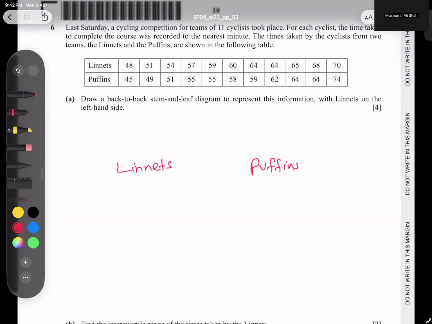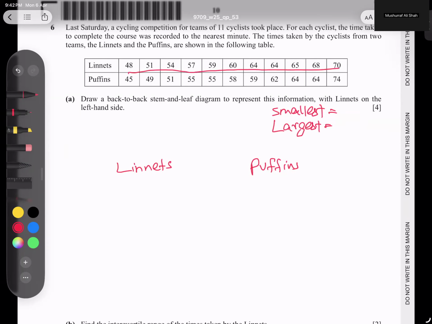All right, so what is the best way to do this kind of question? We need the smallest and largest values. First of all, I have to record the smallest value, or even the largest, no problem. For the whole group, I'm looking for the smallest and largest. I think the upper values are in order. Let me check.